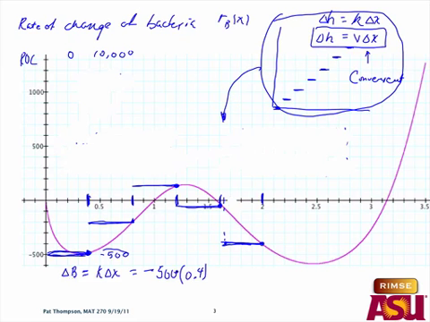So if you have this much time that goes by, you're going to have negative 500 times that in bacteria change. So what is that? Negative 200. Okay, so according to our step function, what is the new bacteria population at 0.4 hours? 9,800. It went down 200. You see?